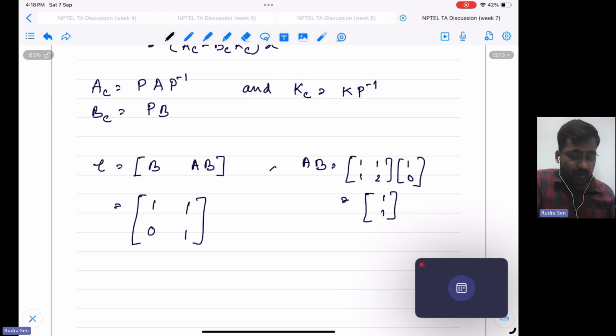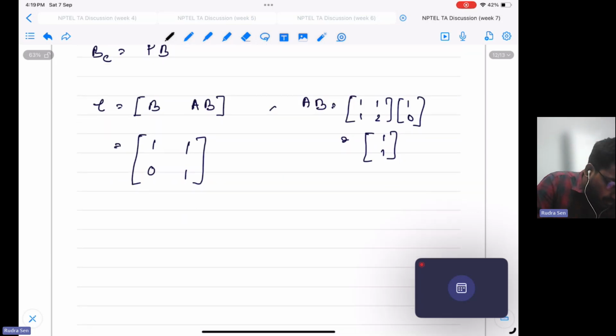Easily, by seeing this matrix, we can say that because these two vectors are linearly independent, this is invertible. So we have to find out the C inverse.